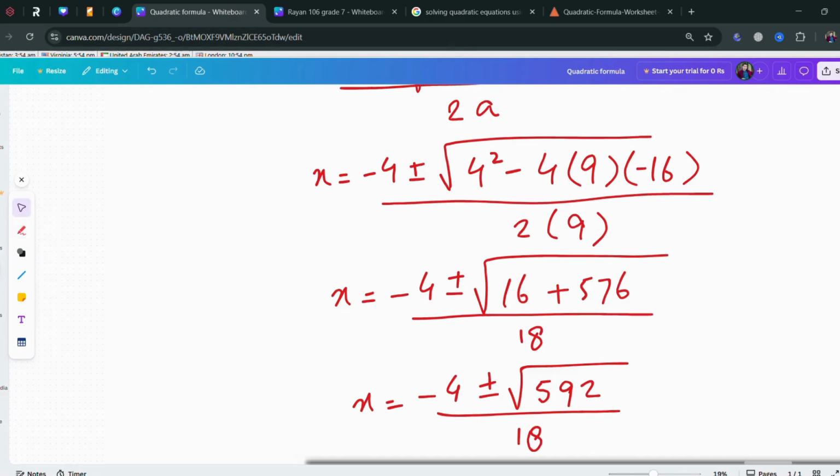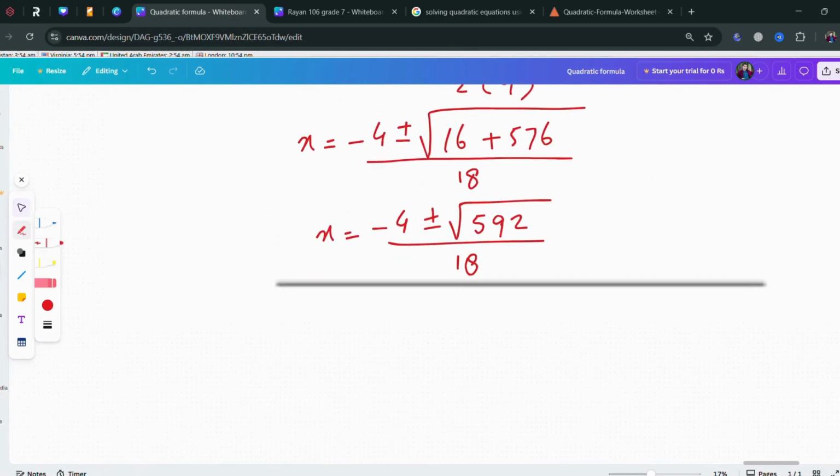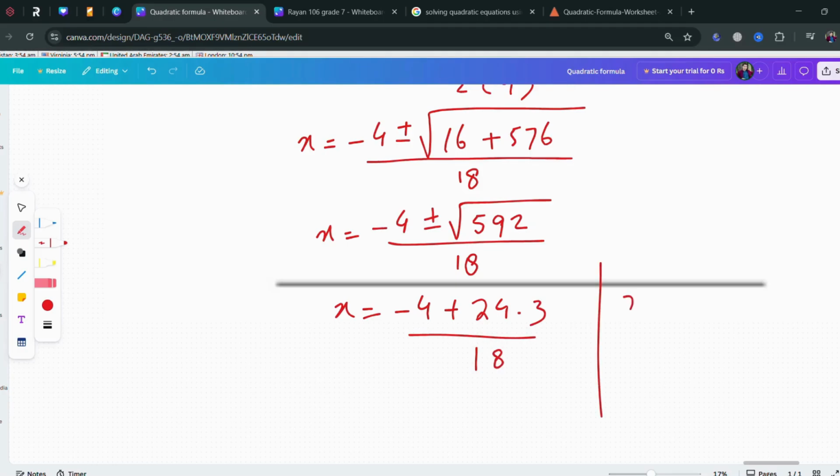So now if I take the radical of it, it converts into a decimal number. So one time I will get minus 4 with the plus sign of 24.3 divided by 18, and one time I will get it as x is equivalent to minus 4 minus 24.3 divided by 18.